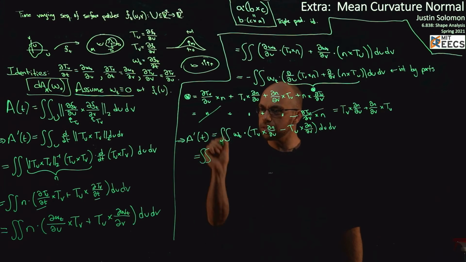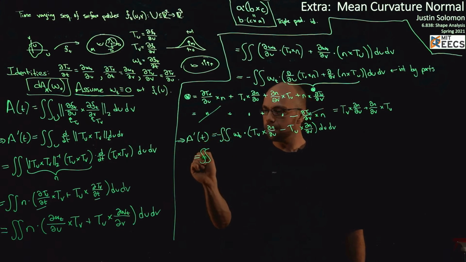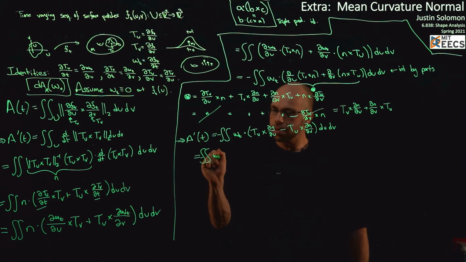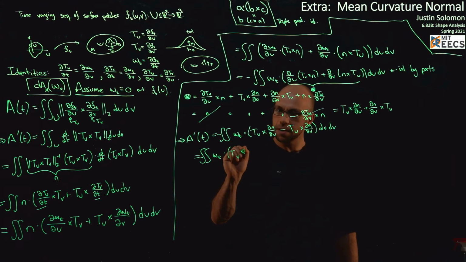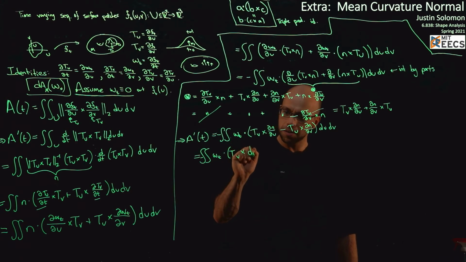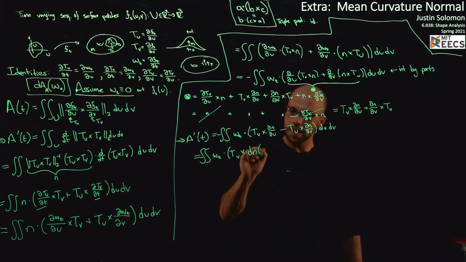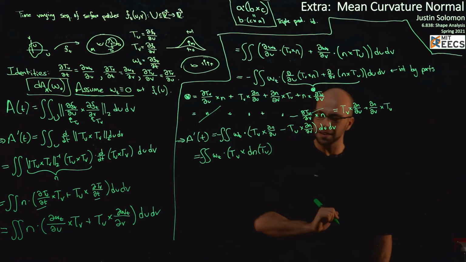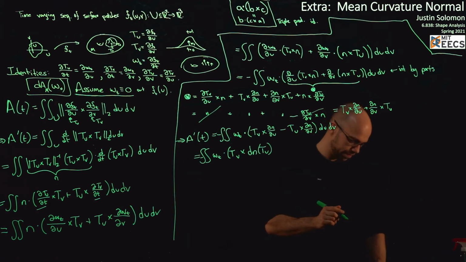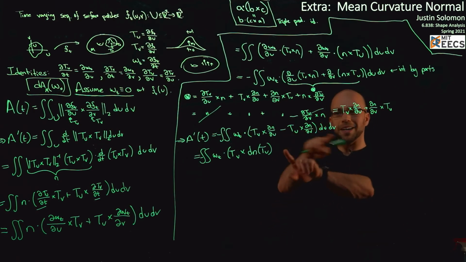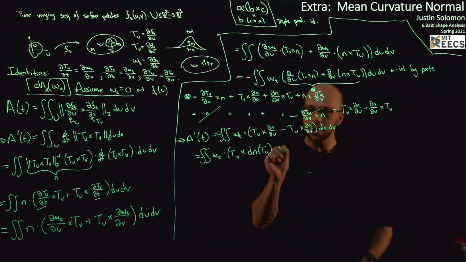This is minus the double integral of wt dot product tv cross product the shape operator in the tu direction, because it's the derivative of the normal vector in the tu direction. And I'm sorry, I'm going to undo my cross product here.